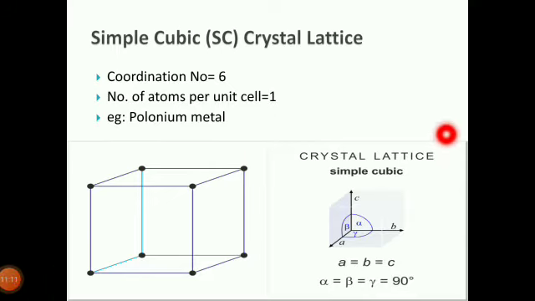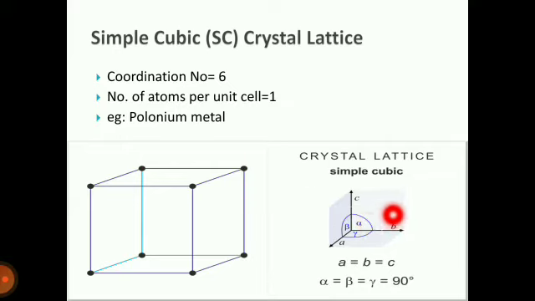A unit cell in a three-dimensional lattice is represented by the axial lengths labeled as small a, small b, and small c. These are the axial lengths along the x, y, and z axes, and the angles between them are labeled as alpha, beta, and gamma.